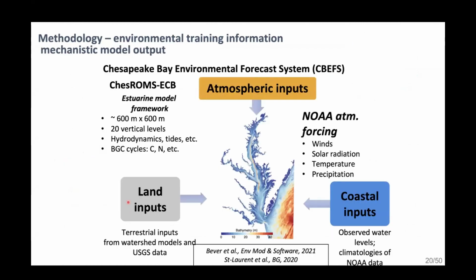Okay, then the next step, we also need training information coming from a mechanistic model output. And here, of course, we use the CBEFS data. And what we did is for each in situ observed data point, we looked for the corresponding mechanistic model output based on date, depth, and station.